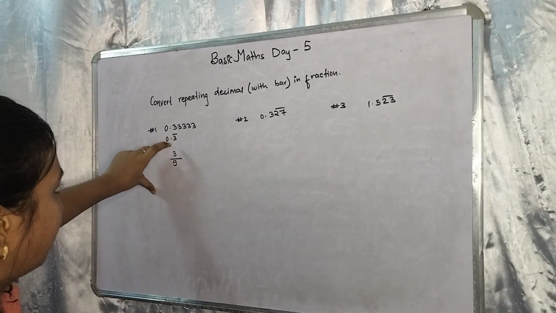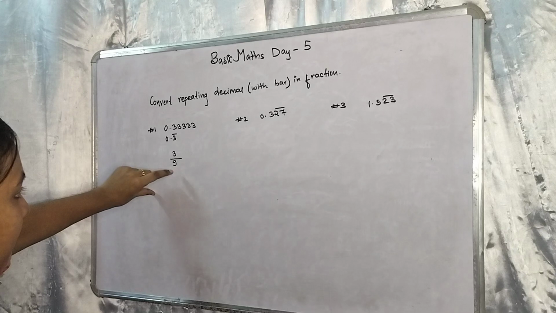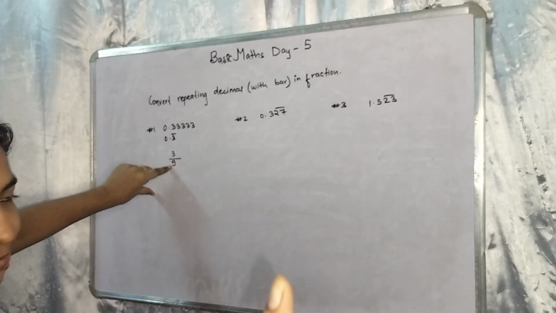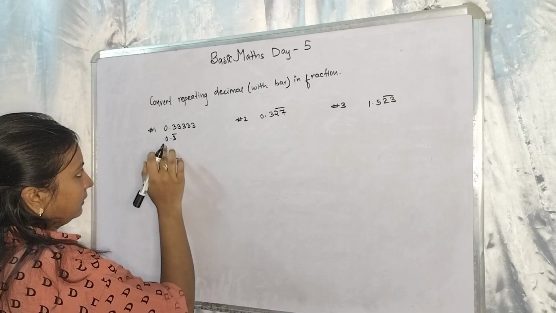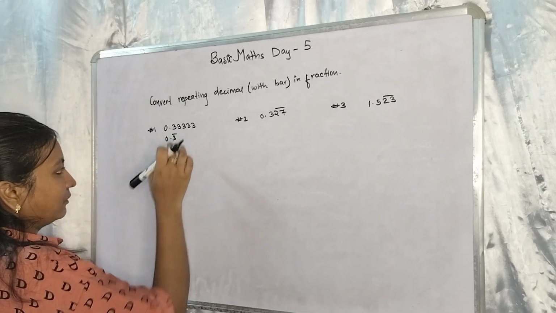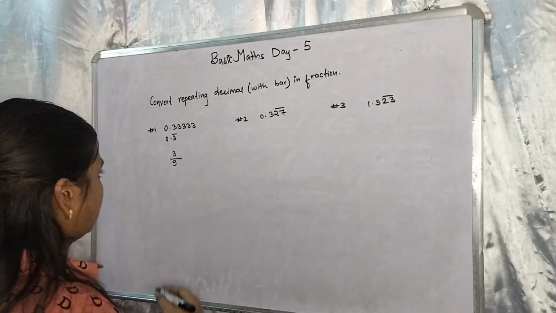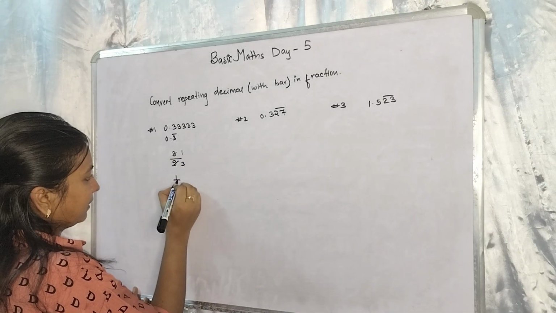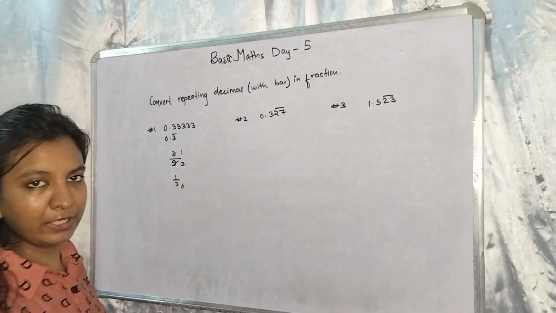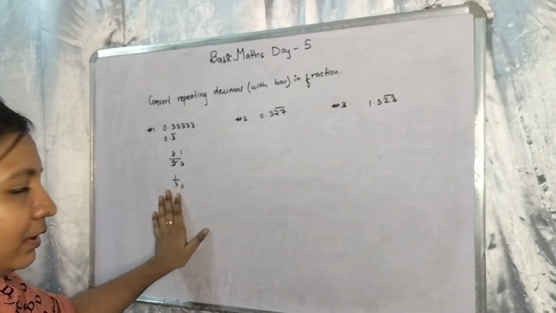Since there is only one number, you will divide by only 9. Now when you divide it by 9, the point and the bar will both get removed. So 3 over 9, 3 ones are 3, 3 threes are 9. So 1 by 3 is your answer. Fine. I hope there is no doubt.